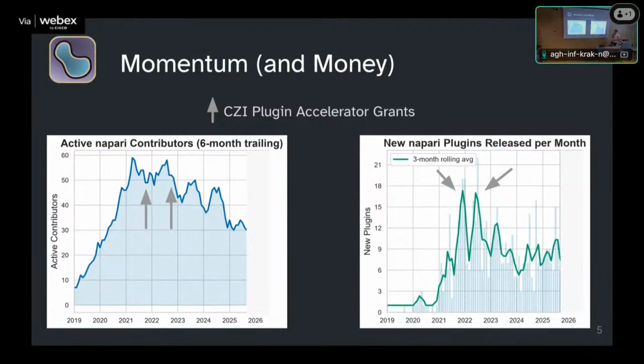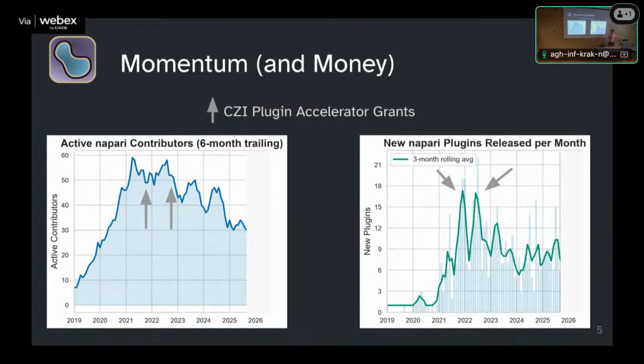Napari was released to the public in 2019. On the left, we can see active contributors, those committing within a 6-month period, and there's rapid growth towards 2021. As I mentioned, the Chan Zuckerberg Initiative wasn't involved originally in Napari's growth. There were people employed at the CZI, but with those gray arrows, in 2021 and 2022, they released 2 plugin accelerator grants.